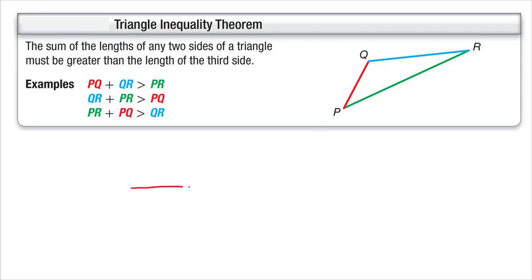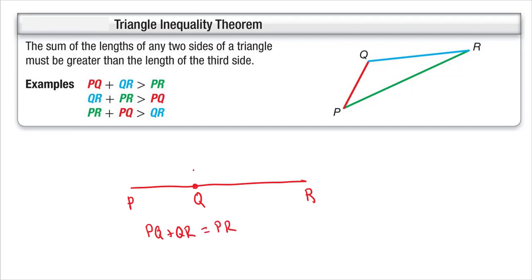Because if you think about it, if Q was in between P and R, PQ plus QR would equal PR, would equal our segment.